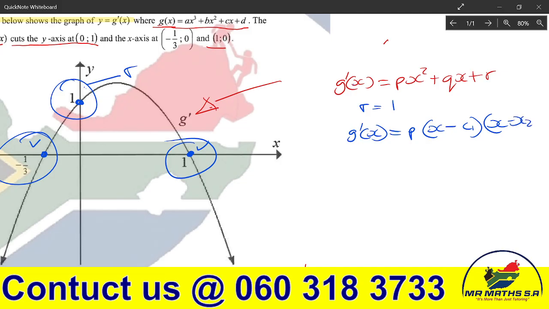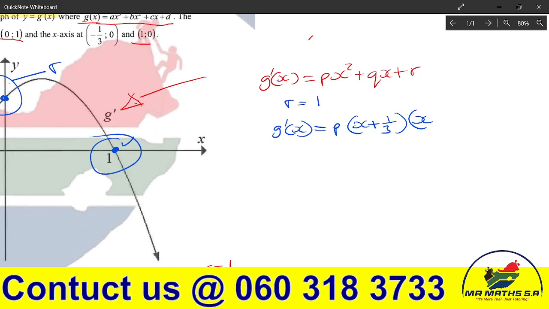But we don't need to write everything. We just substitute. So you know that it's going to be x minus x1, which happens to be negative. When we substitute, it's going to be positive, plus 1 over 3. Okay? Then into x minus x2, which is 1.